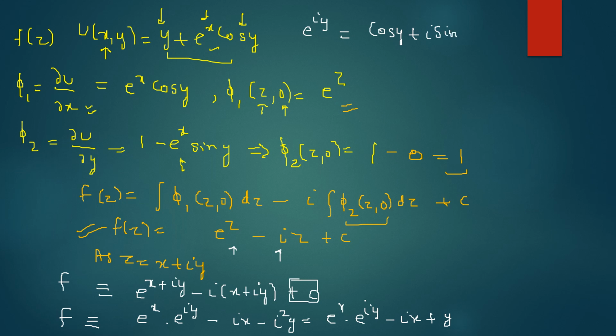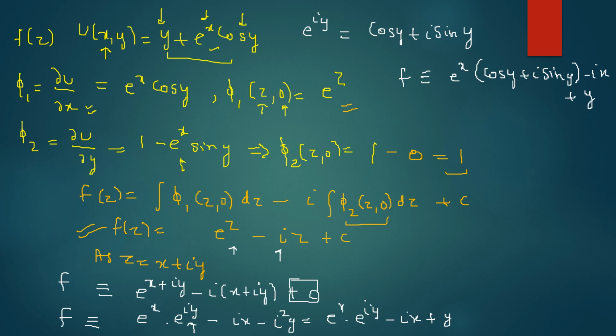Cos y plus iota sin y. So can you substitute here? The function is e raised to power x times cos y plus iota sin y. I have substituted the value of e raised to power iota y. Rest everything is the same, minus iota x plus y.